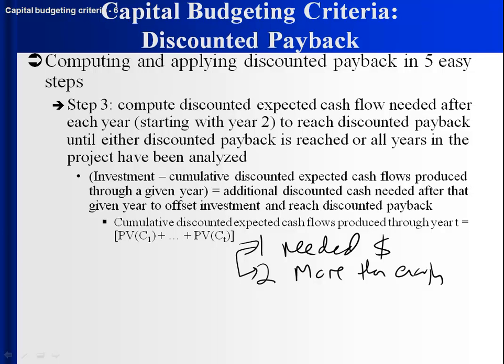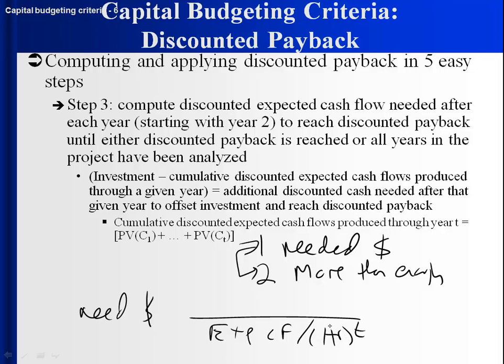So what if we have a case where we go into 1 year and we need money, and then we have some expected cash flow that we divide by 1 plus r to the t to get the discounted cash flow.